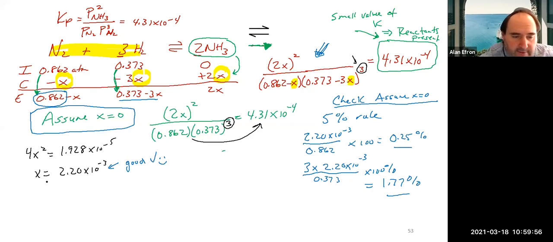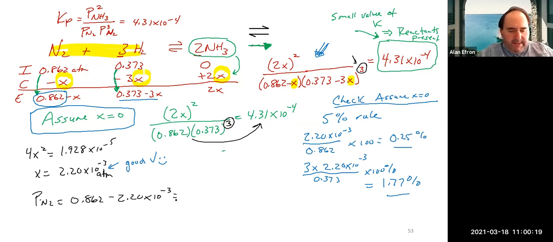For our N2, and again, this is pressure, which means atmospheres, our partial pressure, that was N2, I believe, is 0.862 minus 2.2 times 10 to the minus 3. We got there, we'll call it 0.860, and this would be atmospheres.